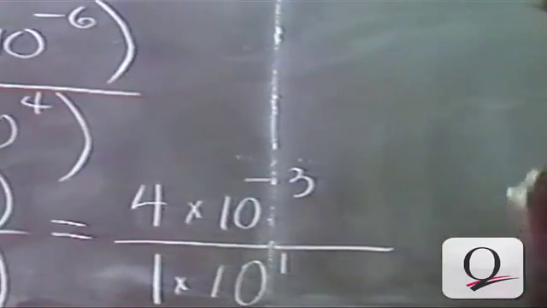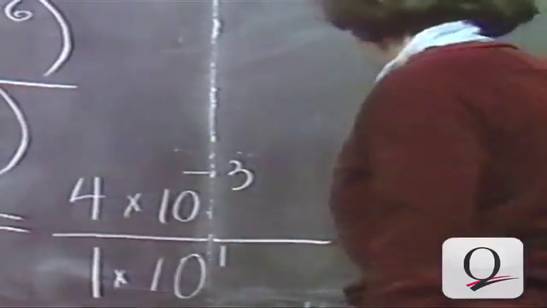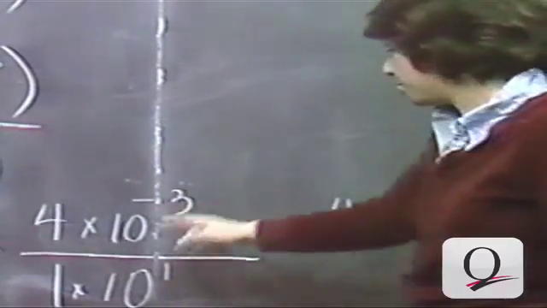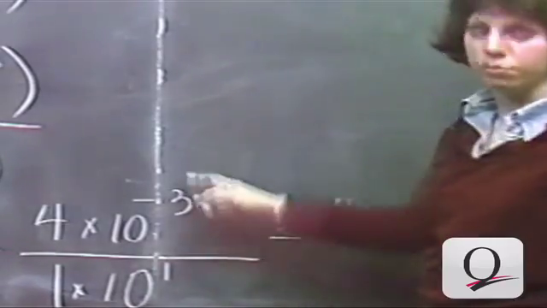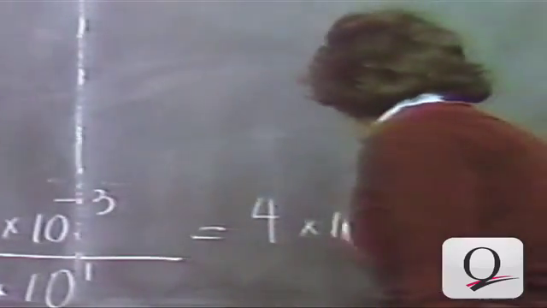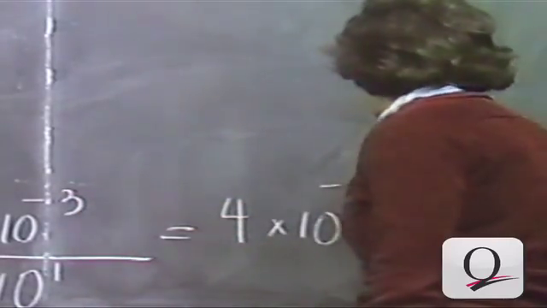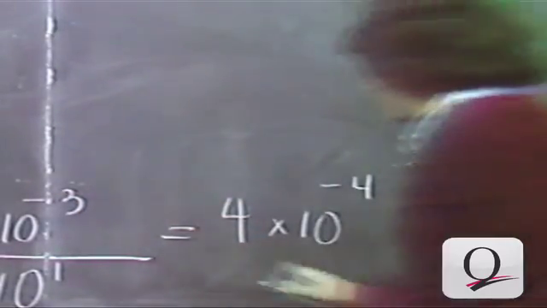And then finally, 4 over 1, or 4 times now 10 to the minus 3 over 10 to the 1. When you divide, you subtract the exponents, you get 10 to the minus 3 minus 1, or 4 times 10 to the minus 4 power.